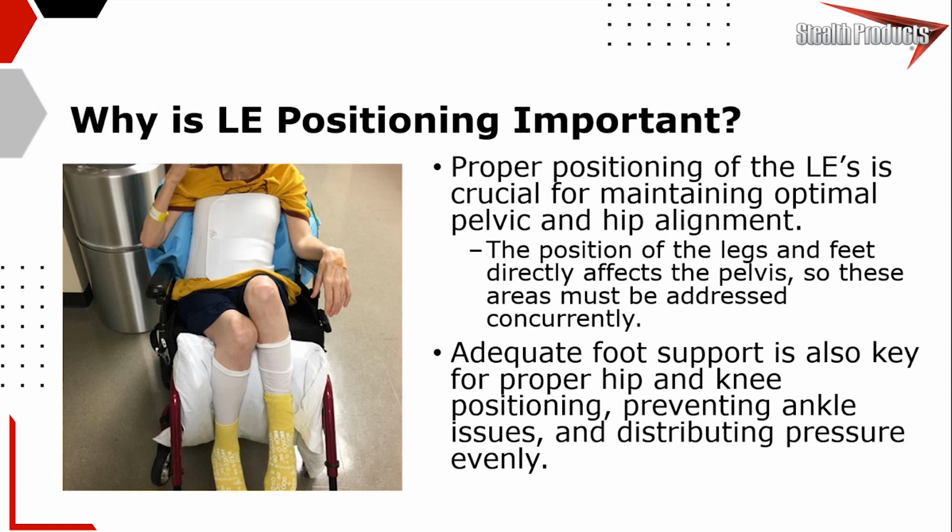Its position is going to affect the position of lower extremities, and it becomes the foundation for positioning the spine, upper extremities, the head, right? But it works in opposite as well, right? So the lower extremities can impact the position of the pelvis. So you can't really get one in the optimal position without the other being in the optimal position as well.